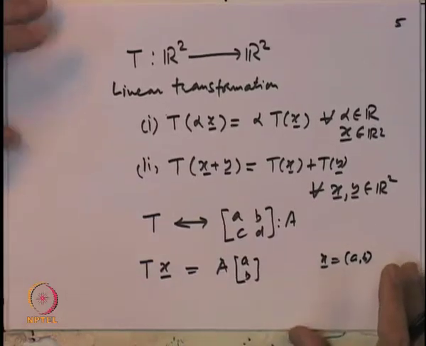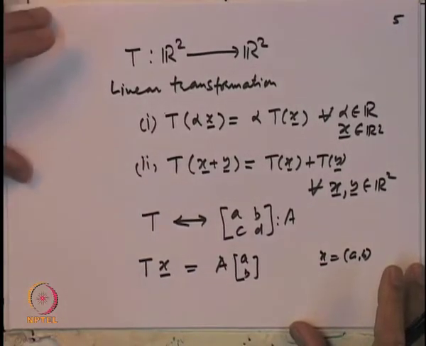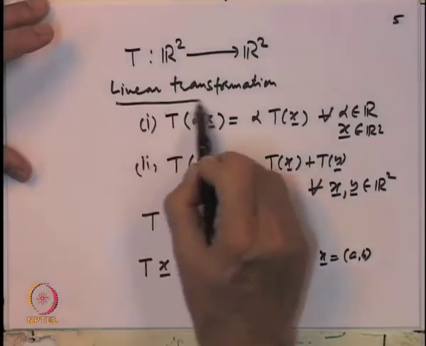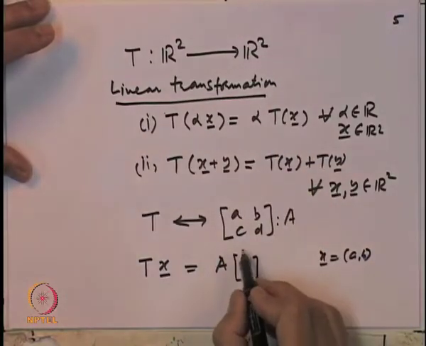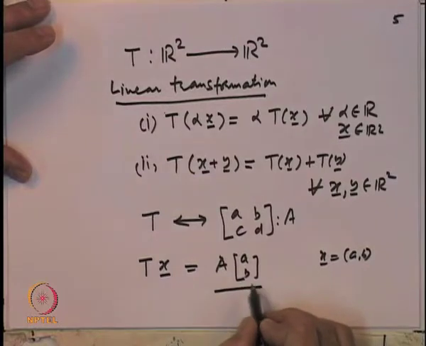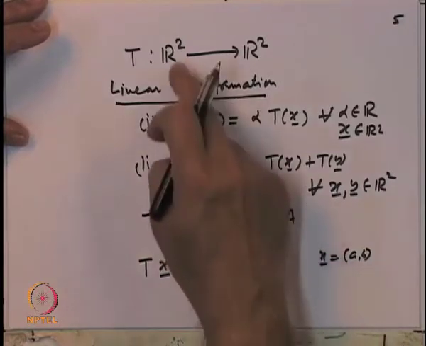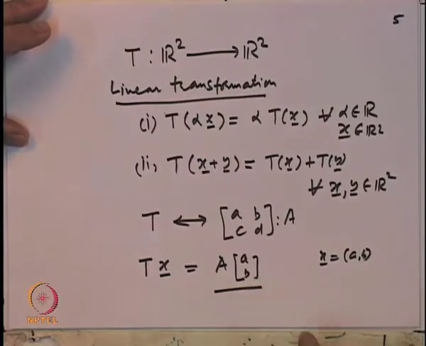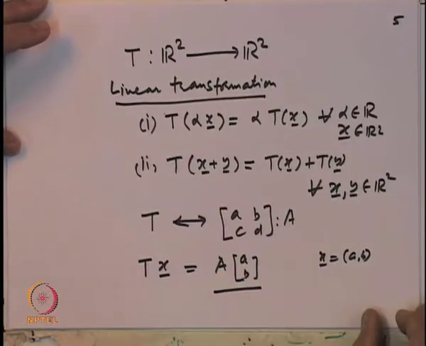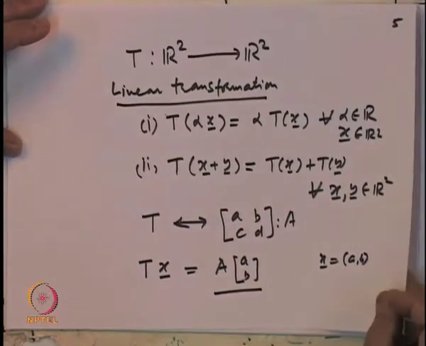This is a very standard thing in linear algebra: linear transformations are described by matrix multiplication, where A is called the matrix corresponding to the linear transformation, and it is obtained via a basis of R 2. I will not go into details. That is essentially what we will require.